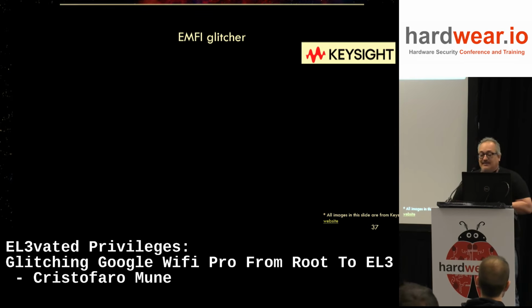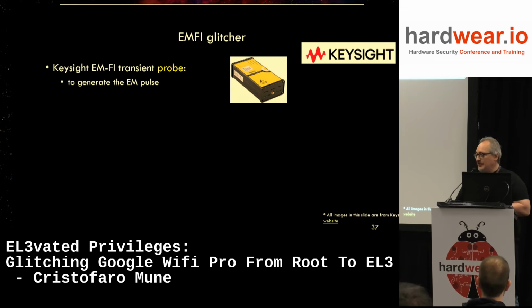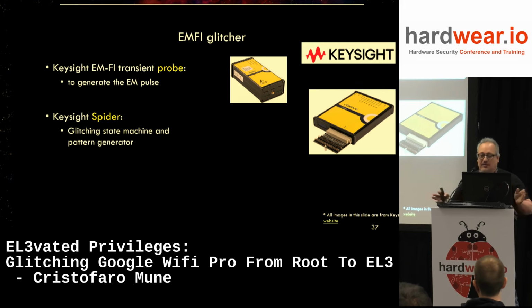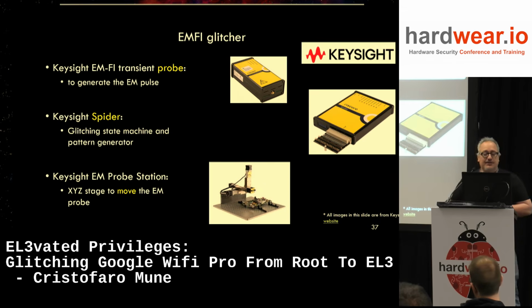The glitching is done with the best equipment we have access to, from Riscure Keysight. We use the EMFI transient probe to generate the EM impulse. We use the Spider as an FPGA for synchronizing the glitch, and also the EM probe station, such that we can move the stage.